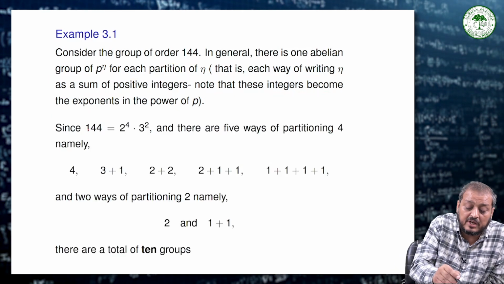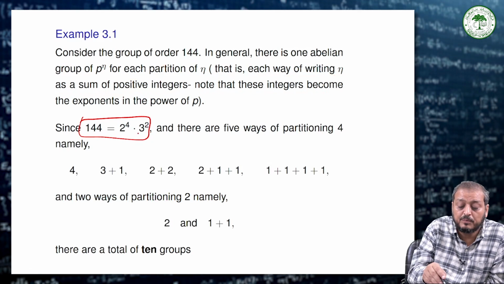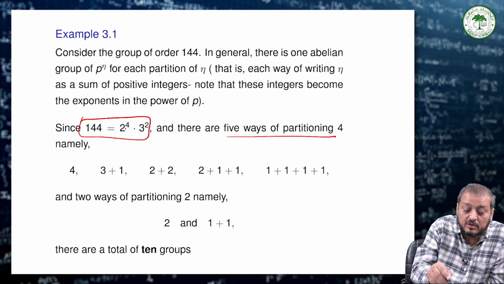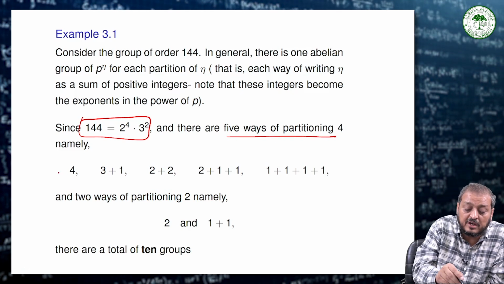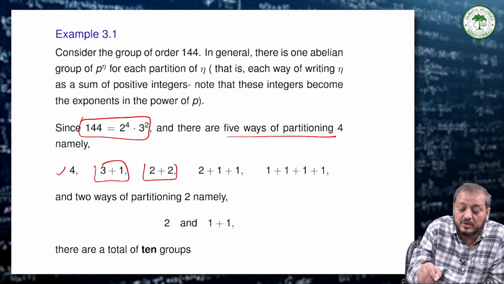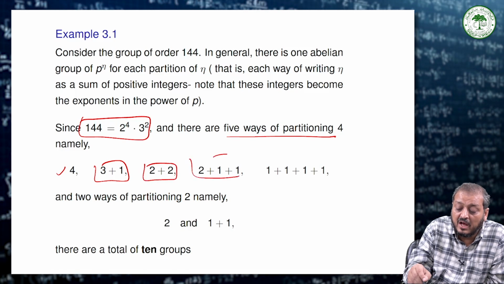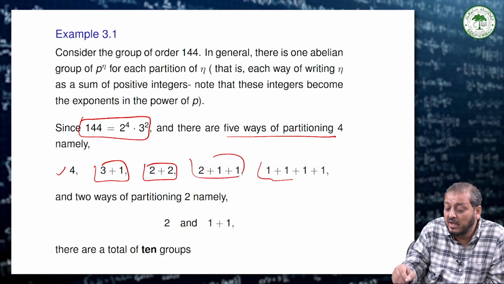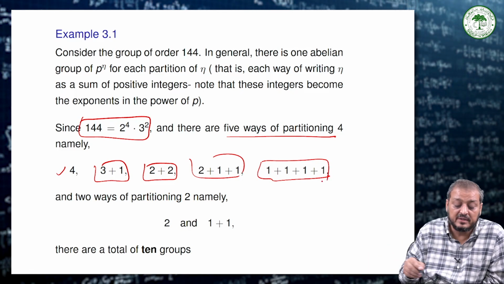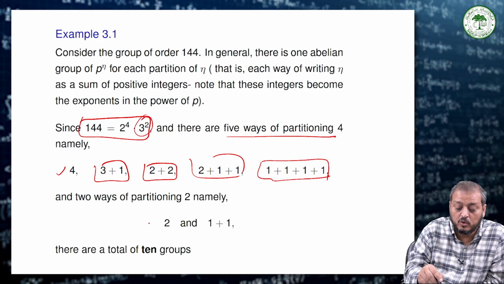Like this, 144 can be factorized into 2 to the power 4 times 3 to the power 2. There are 5 ways to partition 4 for 2 to the power 4: 4, then 3 plus 1, 2 plus 2, 2 plus 1 plus 1, and 1 plus 1 plus 1 plus 1, which is Z2 cross Z2 cross Z2 cross Z2. And for 3 to the power 2 there are 2 ways: 2, and 1 plus 1.